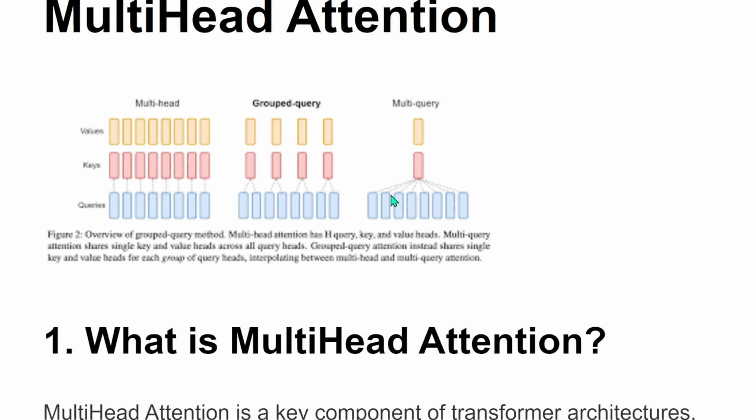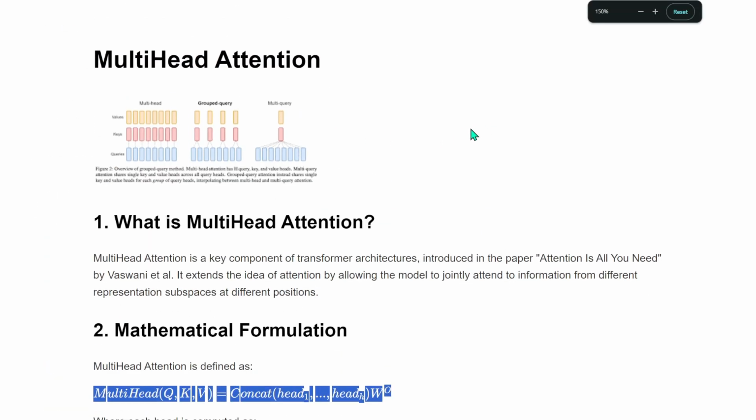But if you see multi-query, this is multi-head and this is multi-query. Multiple queries will share a single key and a value. Here a group of queries will share a key and a value, that is grouped query, and then this is multi-query. This explains the three types of attention simply.